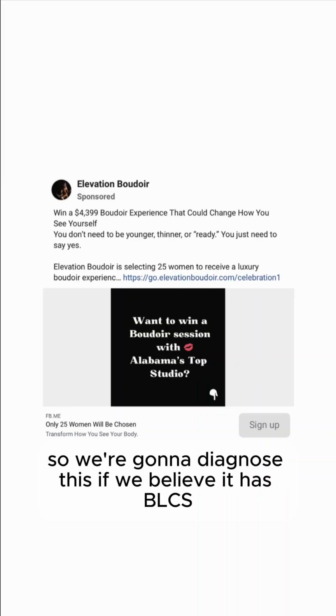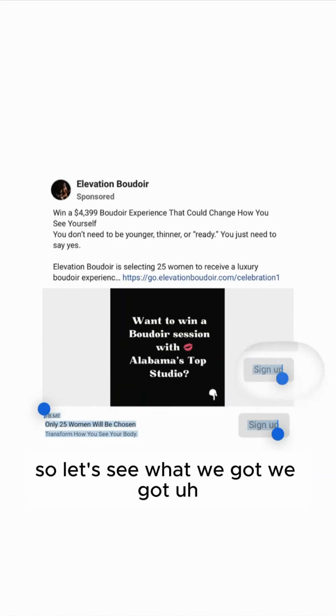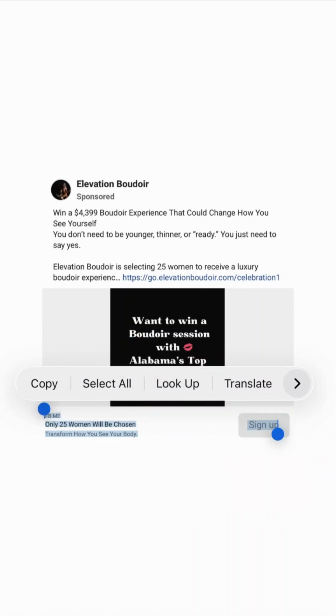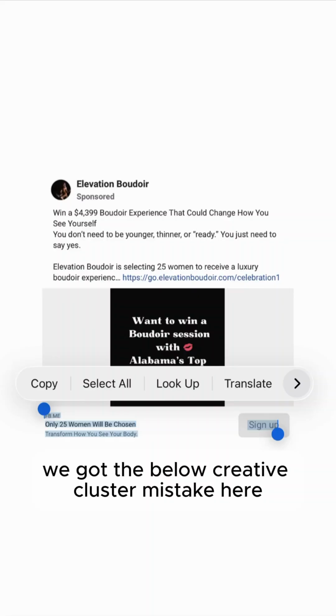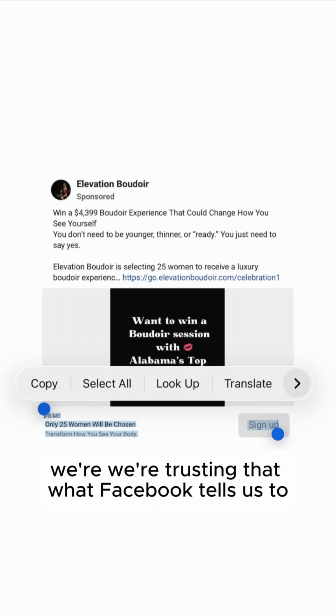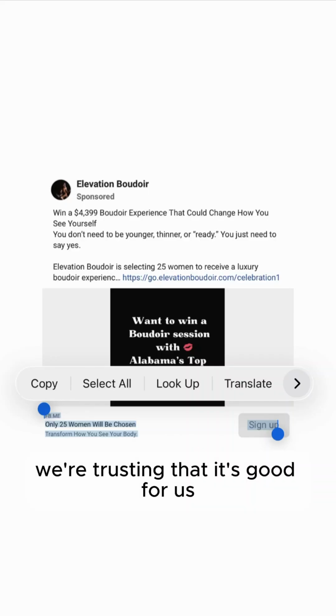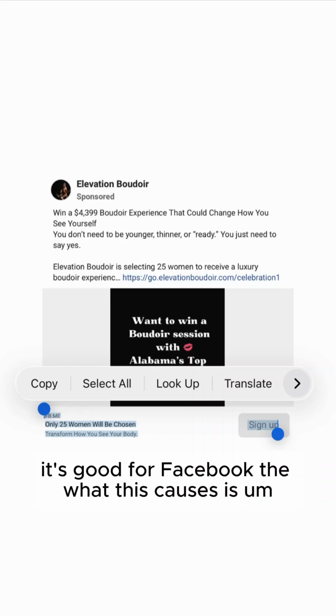So we're going to diagnose this, see if we believe it has BLCS, Boudoir low click syndrome. Let's see what we got. We got the below creative cluster mistake here. The false belief that caused us to make this mistake is we're trusting that what Facebook tells us to fill out when creating an ad is what we should fill out. We're trusting that's good for us, but in fact it's bad for us, it's good for Facebook.